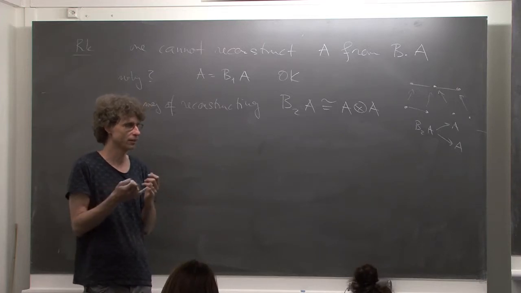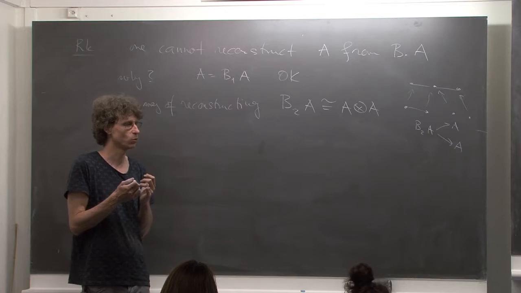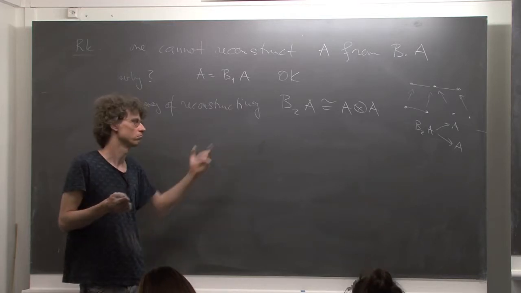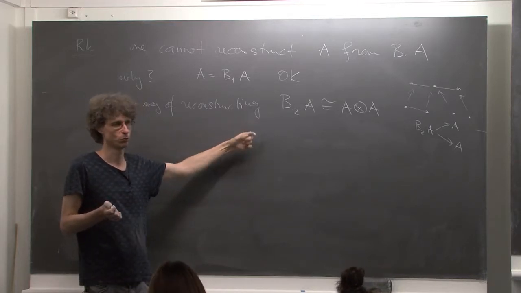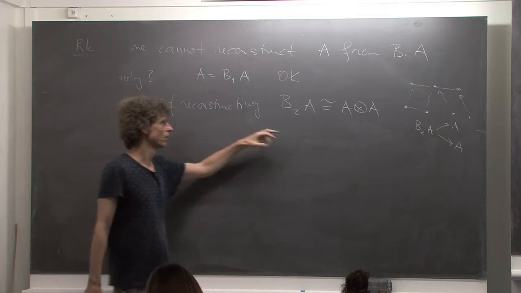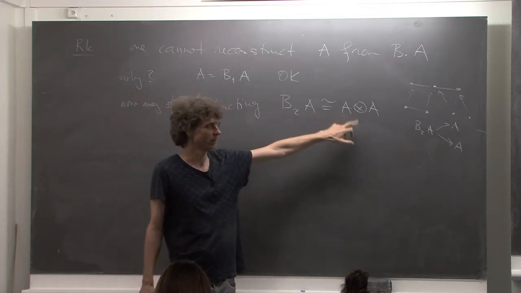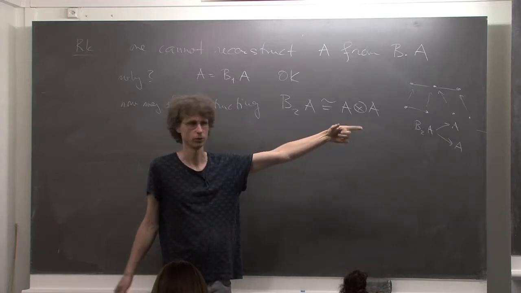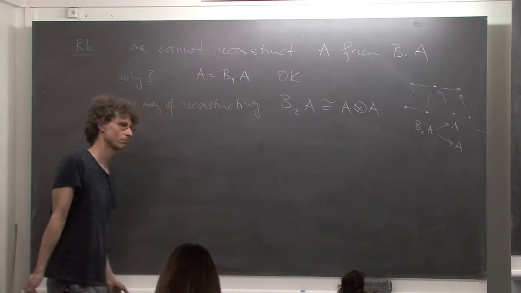You find A itself as an object, but there is no way for you to find the product there. Possibly it might be a good exercise to look for examples when those A's are actual algebras, when C is the category of vector spaces. It cannot be done.